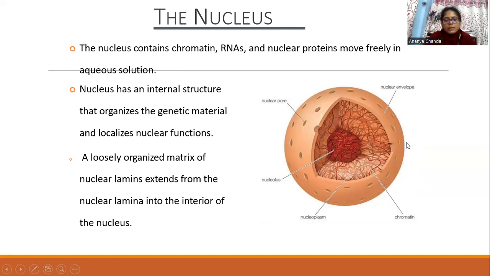The nucleus holds the genetic material and contains the nuclear functions. It has a loosely organized matrix of nuclear lamins extending from the nuclear lamina into the interior of the nucleus.